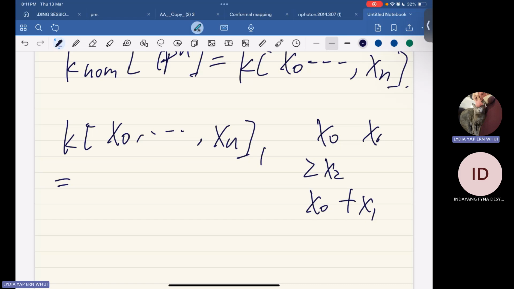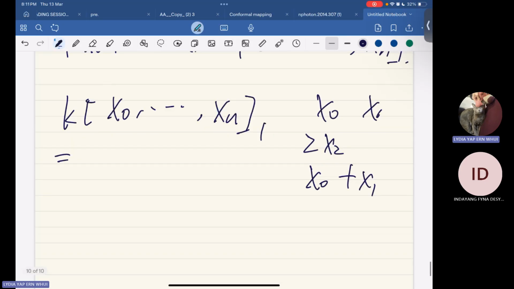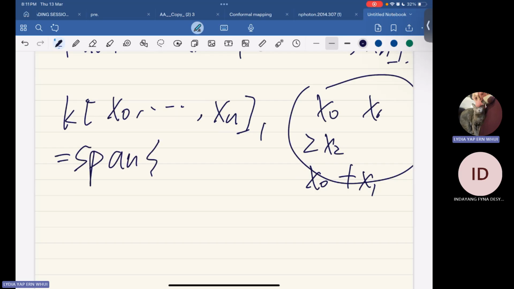We define it by the degree of the homogeneous polynomial in this ring. We can see that this is just spanned by the monomials x0 to xn. So what is the dimension of this? I think it's n plus 1, because we started from x0.